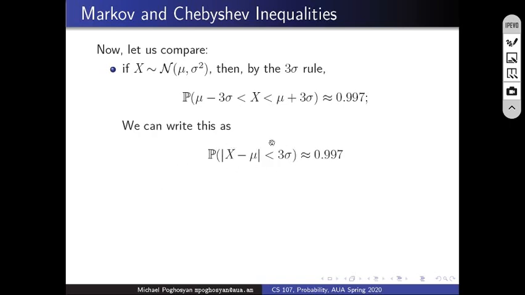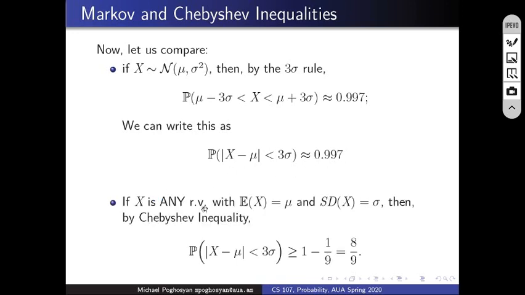So we can write this in this form: the probability that x minus mu is less than 3 sigma is 0.997. And if x is any random variable, here we are talking about normal, but here about any random variable with expected value mu and standard deviation sigma, then by the Chebyshev inequality, the probability that x minus mu is less than 3 sigma is larger or equal than 1 minus 1 over 9, 8 over 9.